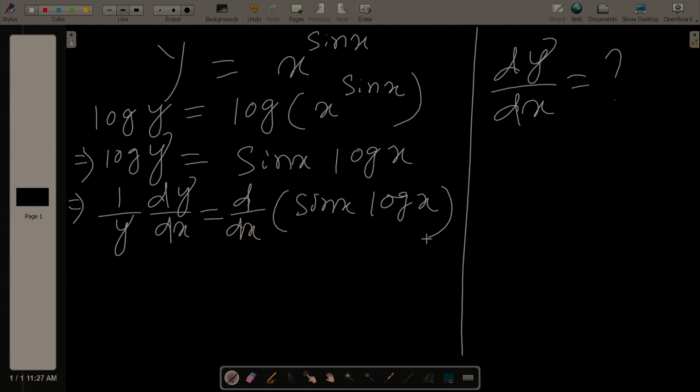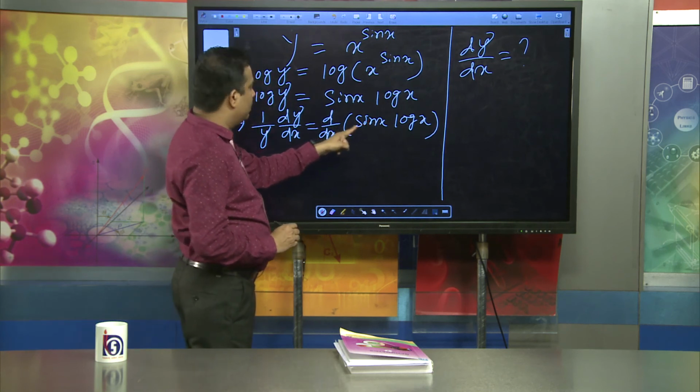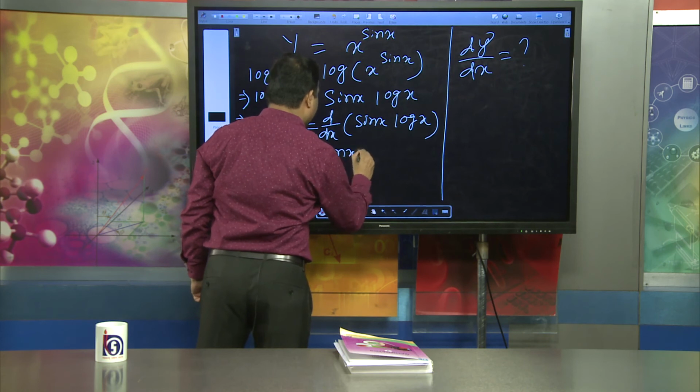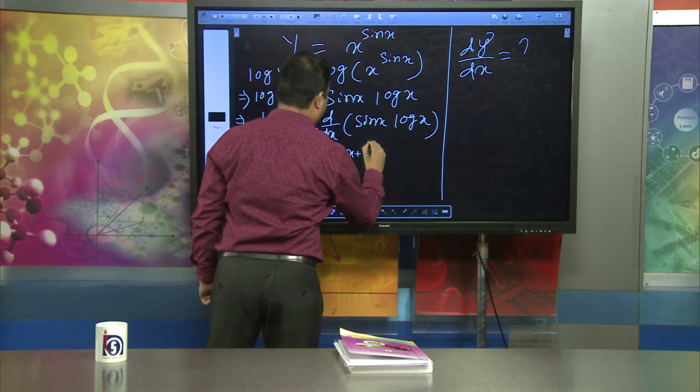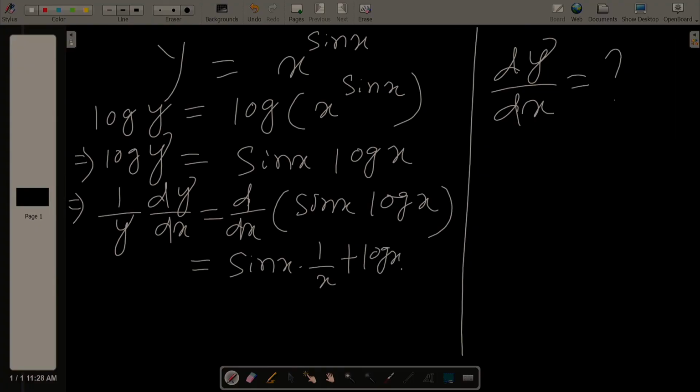So, again it is in the form of u into v. Okay. So, I can write the derivative as first into derivative of second, that is 1 by x, plus second, that is log x, into the derivative of sin x, which you know is cos x.